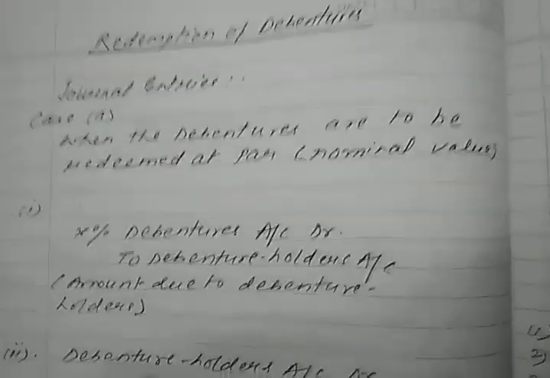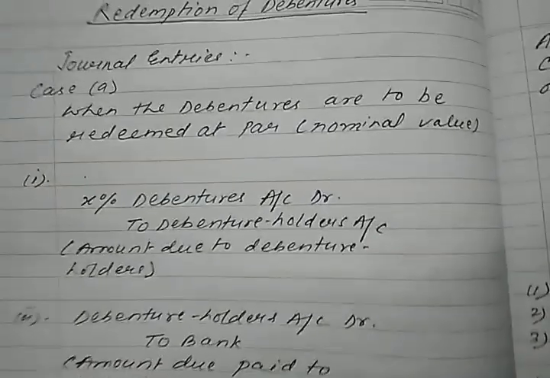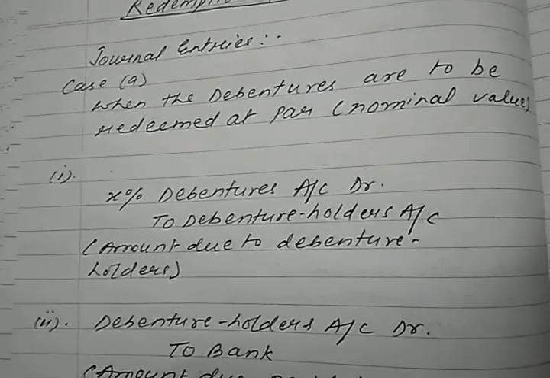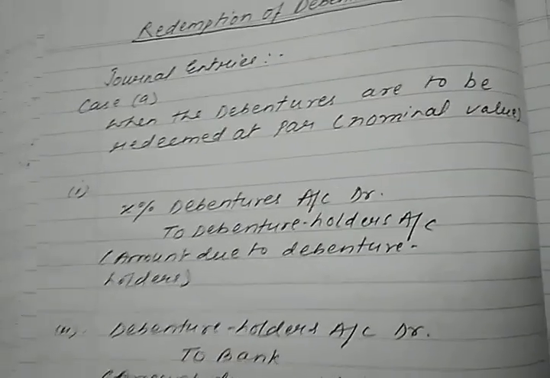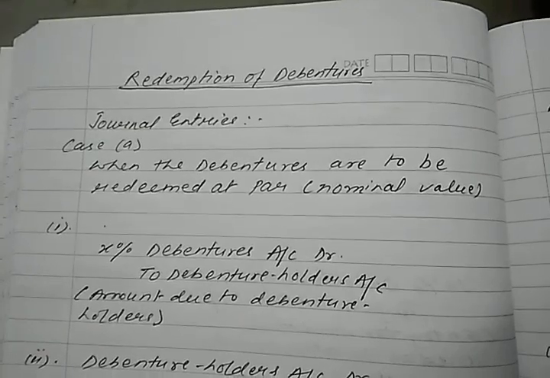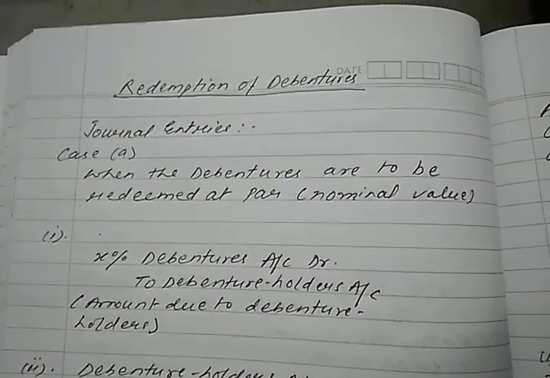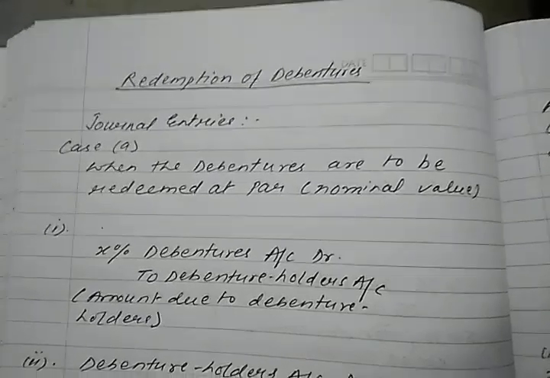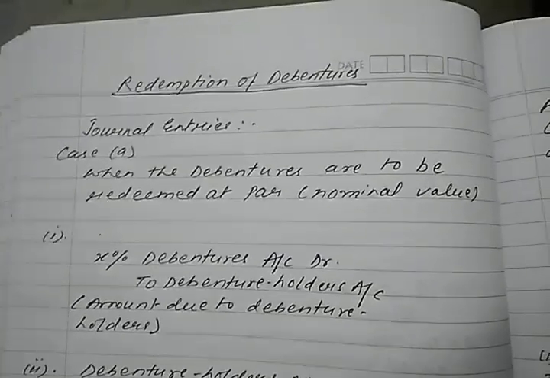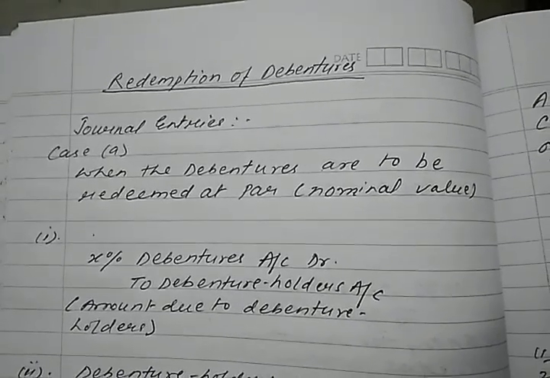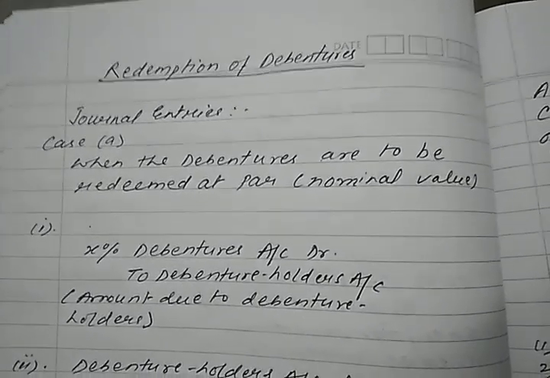Under this case, the very first entry to be passed is related to the amount which is due to the debenture holders. When we need to redeem the debentures, the debenture holders will be our creditors.